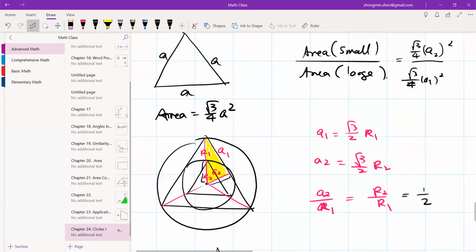So that's why the ratio is going to be A2 over A1 squared. And A2 over A1 is 1/2, so the ratio is 1/4. All right, so the equilateral triangle's size is going to shrink. It's only half of the previous one, but the area is only 1/4 of the previous one. That's it.